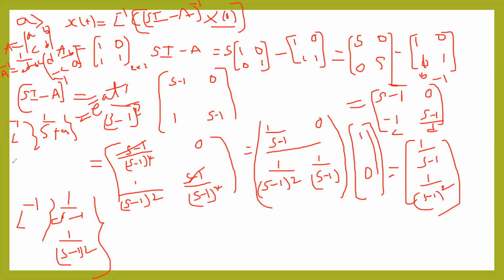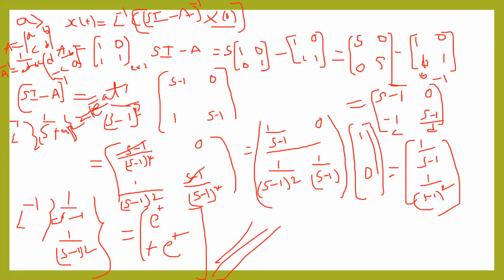Laplace inverse of 1 by (s plus a) whole square, what is the formula? T into e power minus at. So the Laplace inverse of 1 by s minus 1 is e power t, and the other is t e power t. This is the solution for the first one.